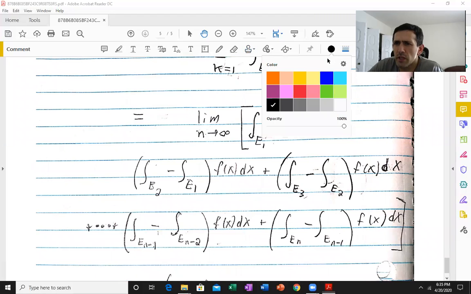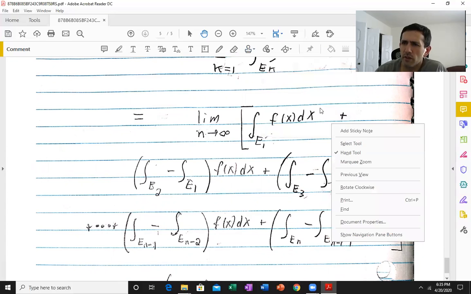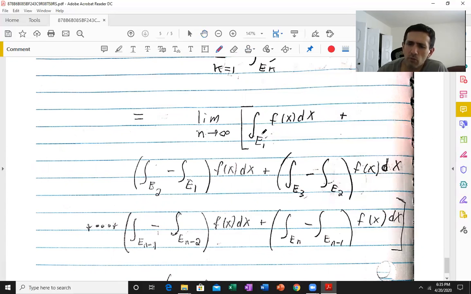Just like with continuity of measure, you'll notice the E1s cancel. I'll cancel the integral sign to denote that the integrals cancel out. The E2s cancel out.